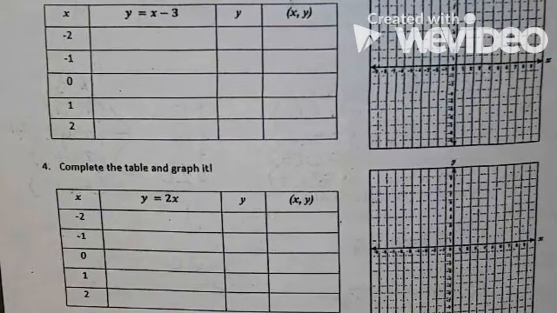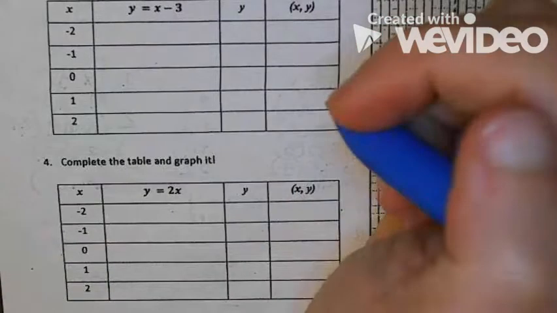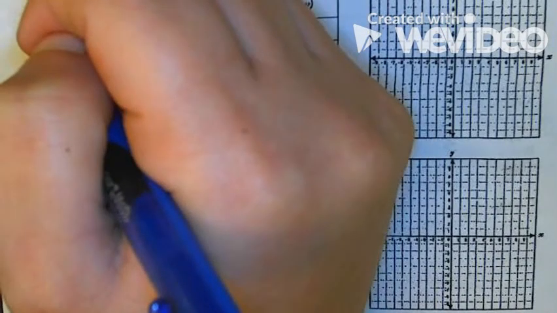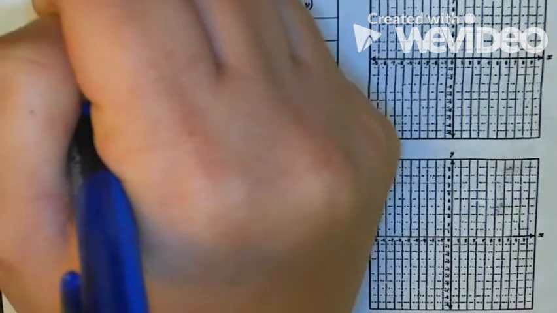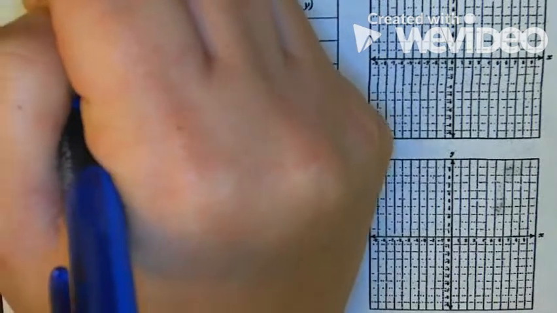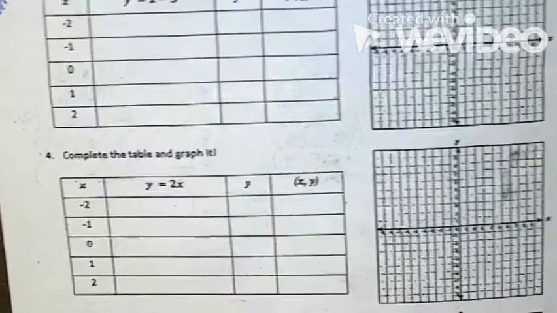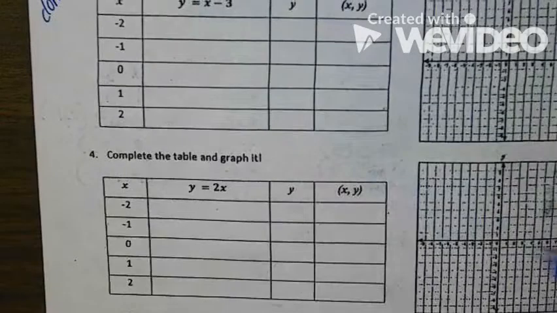So if we look here, let's think about our vocab words for a minute. Remember our x values here. Our x values have 3 names. It's our input, it's our independent, and it's our domain. And our y also has 3 names.